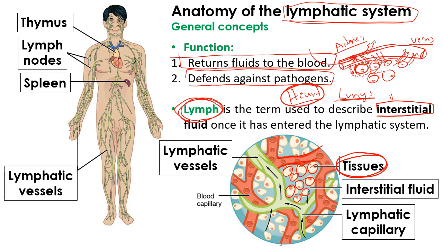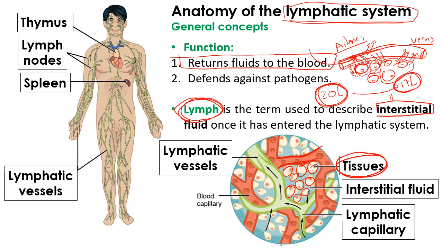However, we do not reabsorb the entire amount of fluid that enters into the tissue. For example, in 24 hours, on average, in a tissue, you will have about 20 liters of fluid entering the interstitial space. Using the vein systems, we will be able to reabsorb 17 liters of fluid.